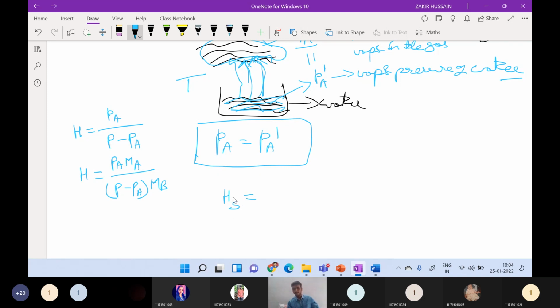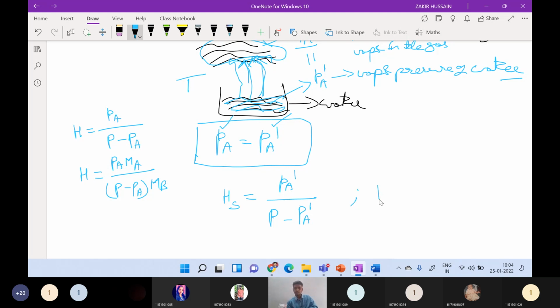Similarly, we can define HS. According to the definition of saturated gas, the partial pressure of the saturated gas is equal to the vapor pressure of the liquid, the vapor pressure of water in the liquid phase. So wherever PA is there, we replace it with PA dash. That is PA dash divided by the total pressure minus PA dash, where PA dash is the vapor pressure of the liquid water.